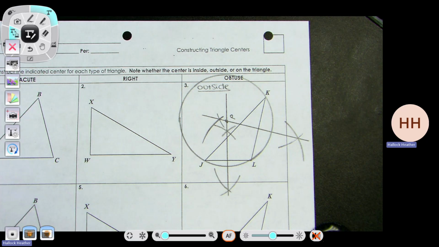This is perfect. So now you pick another side and you do the same.